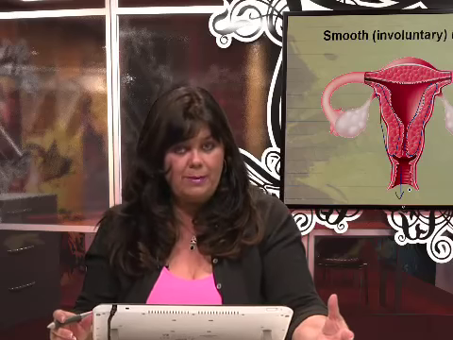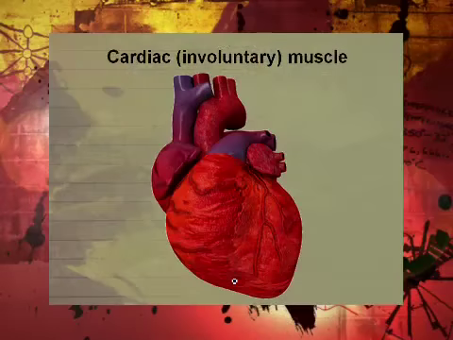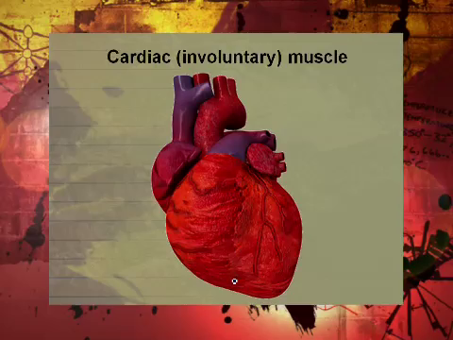Those are smooth muscles. A third kind of muscle that we find in the body is cardiac muscle, which is also involuntary, and the cardiac muscle forms the whole body of your heart, and we're very soon going to be looking at the circulatory system.